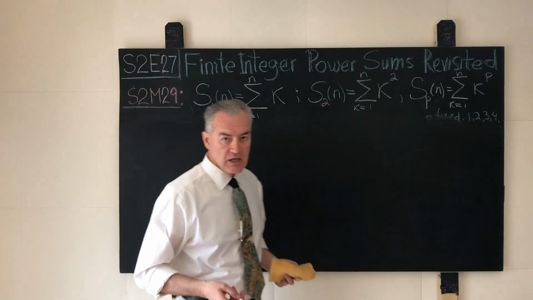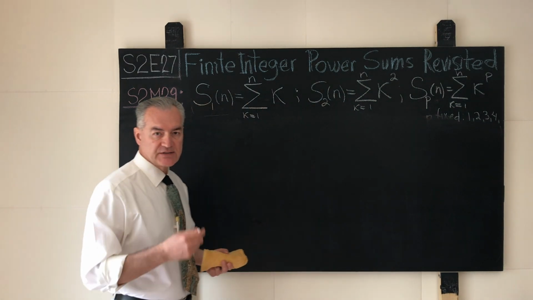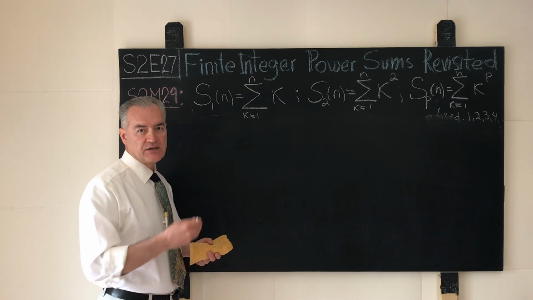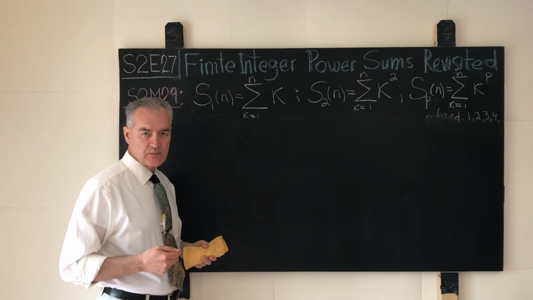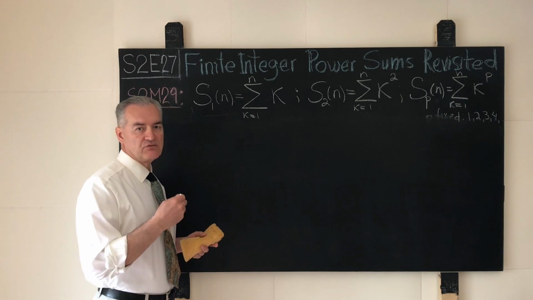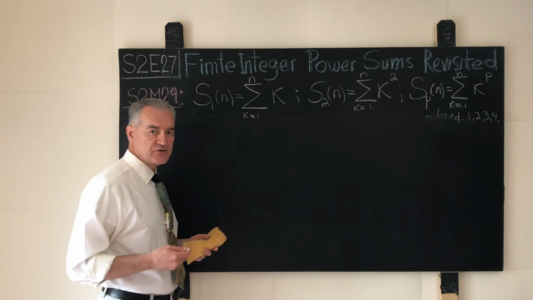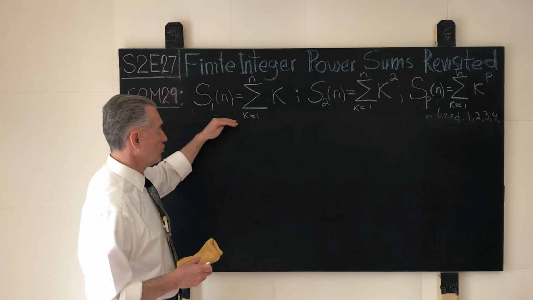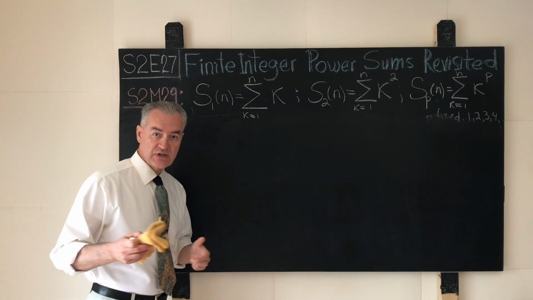As such, in the previous segment, we described a less computationally intensive algorithm for evaluating the finite integer power sums. And in this segment, we want to apply that algorithm to the recovery of an alternative expression for the finite integer power sum S1 shown over here. What was the first step of that algorithm?